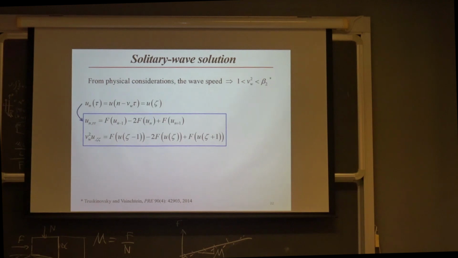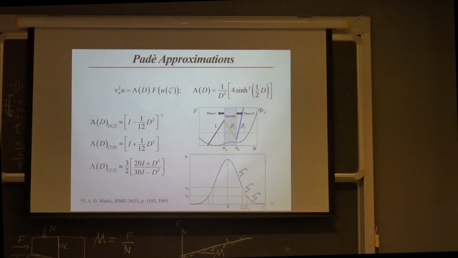Okay? After some algebraic manipulation and Taylor series, we got this formulation of our problem, where D is the derivative operator. I'm not going to go over the entire solution because it has a lot of detail.